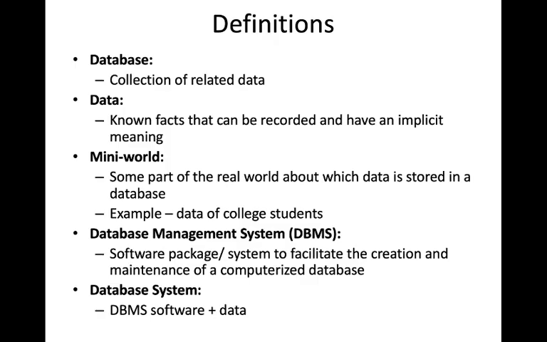You should differentiate between these two, DBMS and database system. DBMS is the software package or the system to facilitate the creation of all this, and database system means that software plus the data that is stored, together known as a database system.